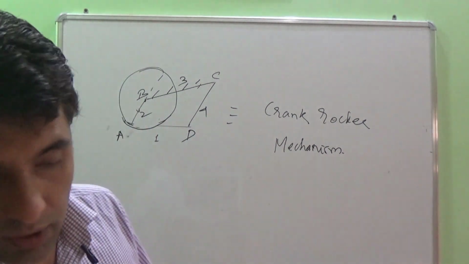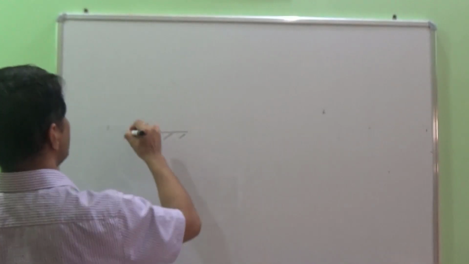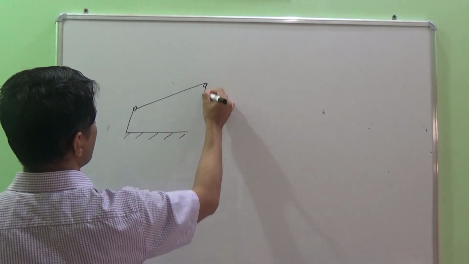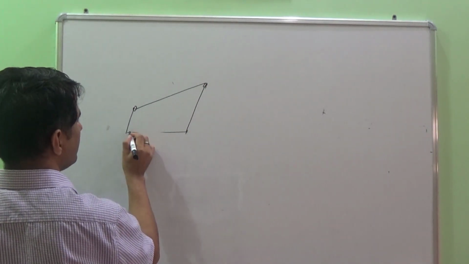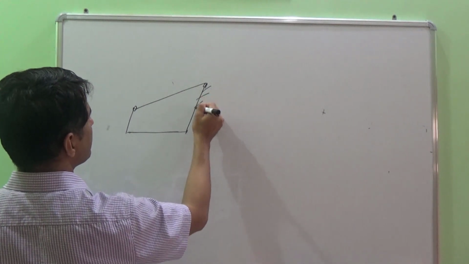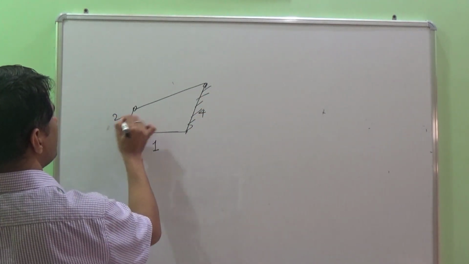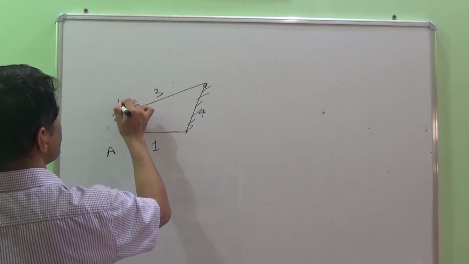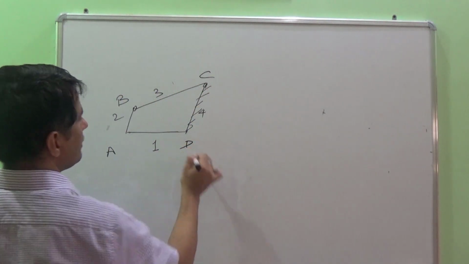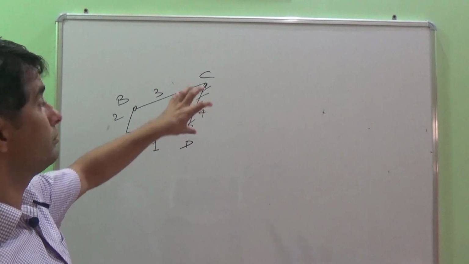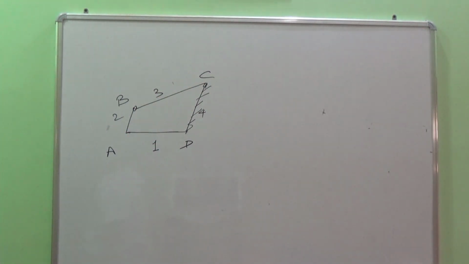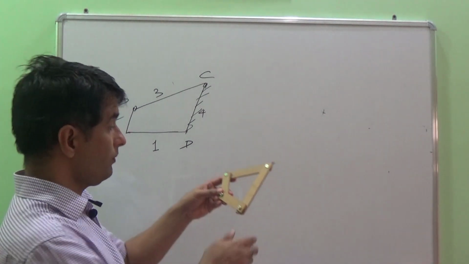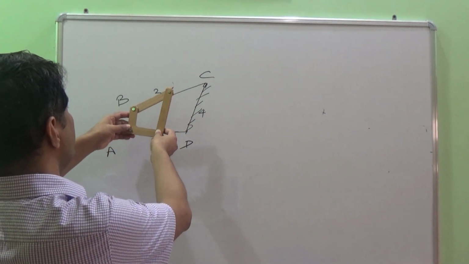Now we will talk about the fourth inversion. I can fix link 4. Now link number 4 gets fixed, and we will try to see what is happening, right? Once we fix link 4, we can see it in this animation. You have this sort of arrangement, right?